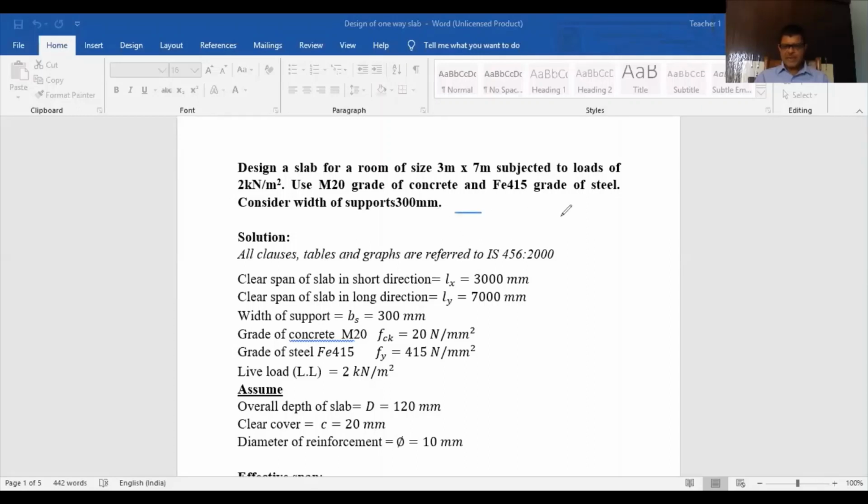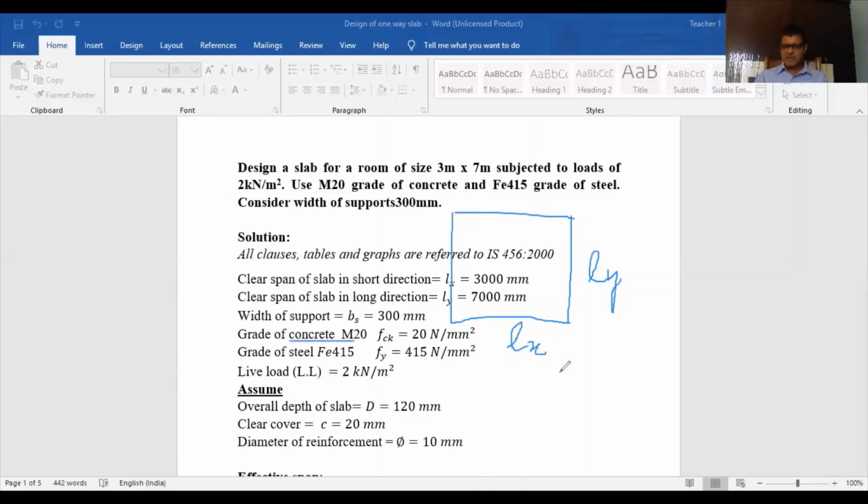Now if you have a slab like this, the room size is this. The longer dimension is called Ly and the shorter dimension is called Lx: length in the x direction, length in the y direction.